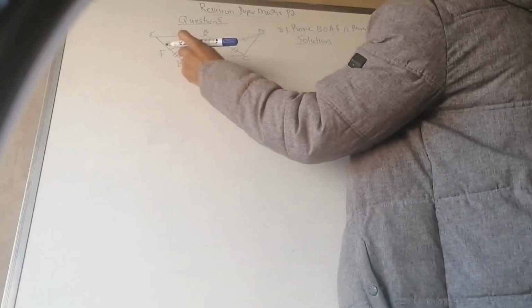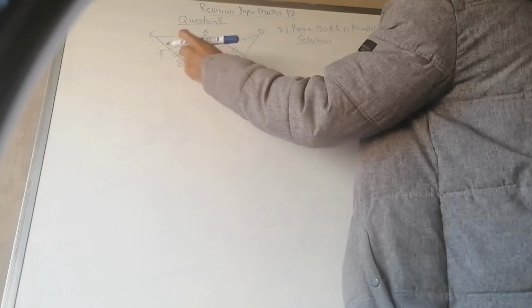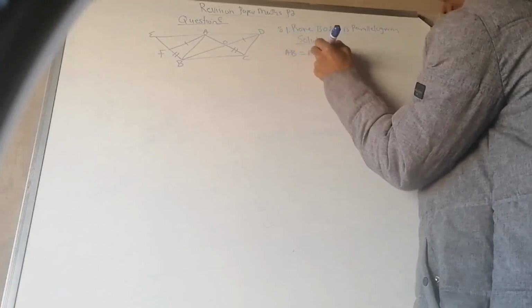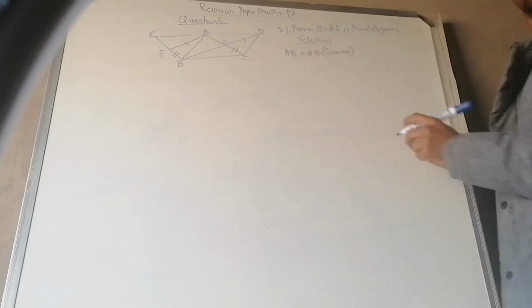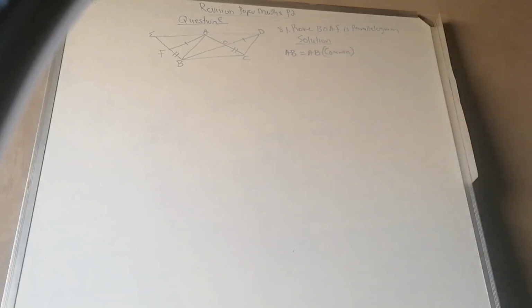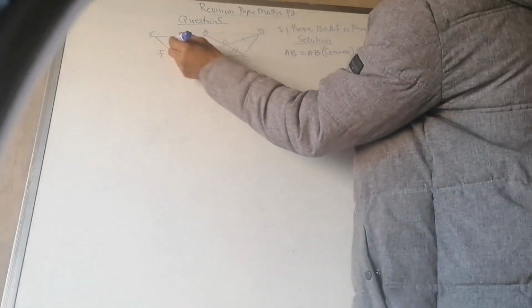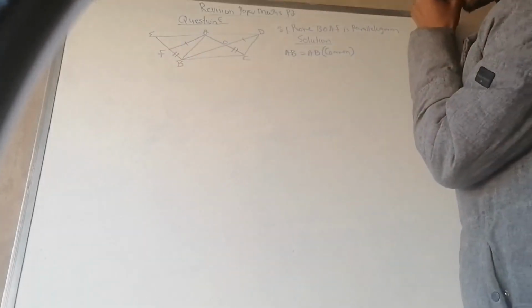AB equals AB, which is common. If that is common, what else do I know? We have alternating angles, so A1, A2, B1.